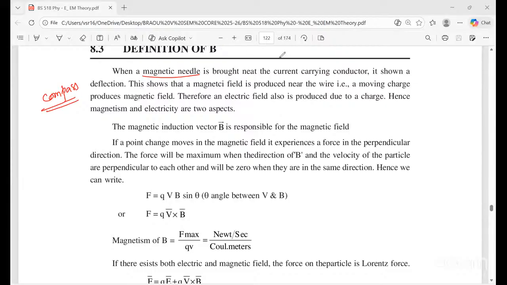If it is carried toward the current carrying conductor, what will take place here? A deflection takes place, whether in a clockwise direction or in the anti-clockwise direction. The needle is going to deflect. That means something is present inside it, which you have to identify. That means deflection takes place in clockwise or anti-clockwise, where the same poles are with respect to the poles.